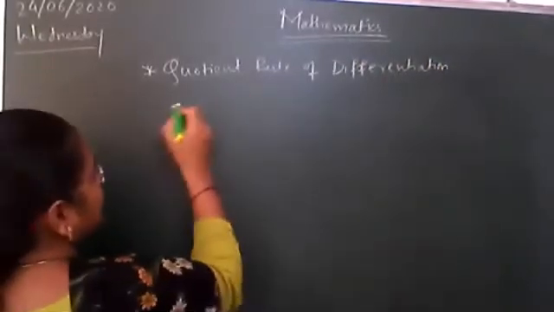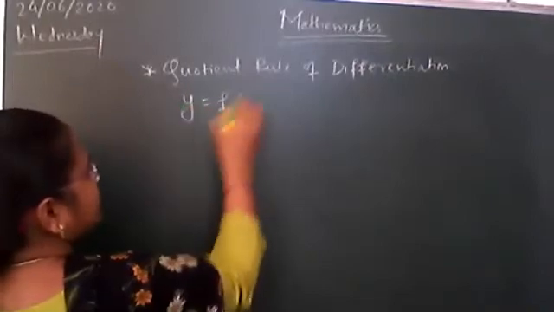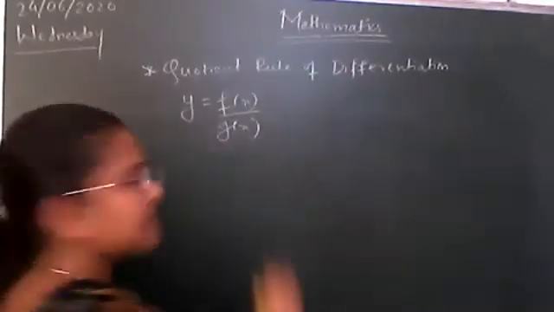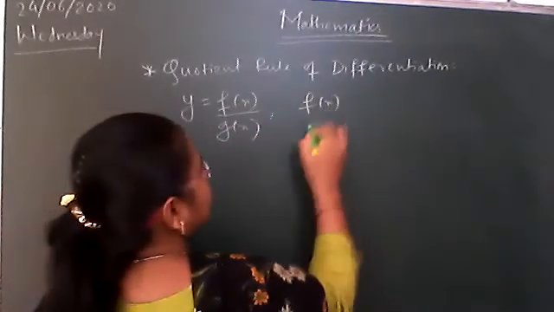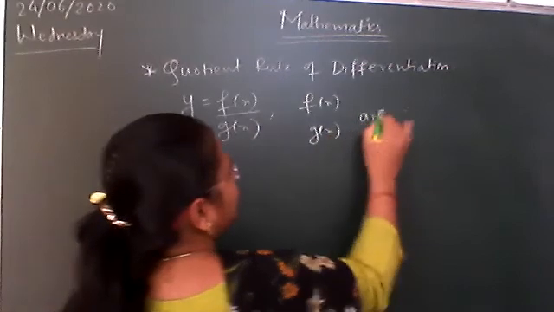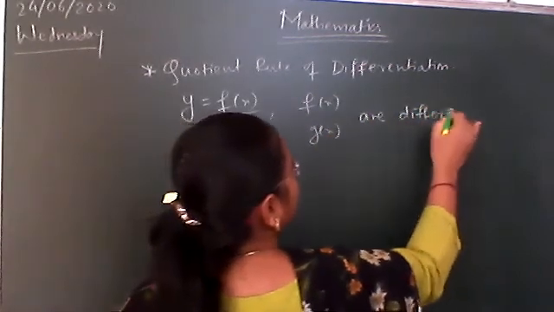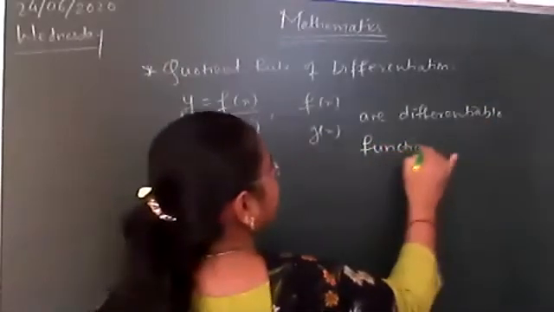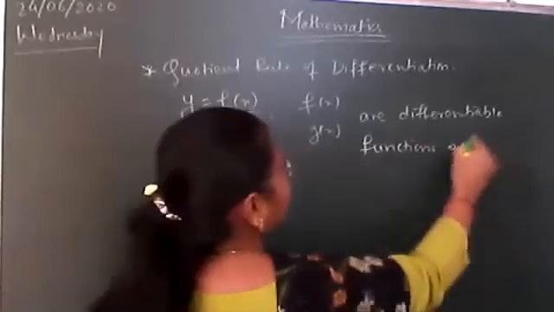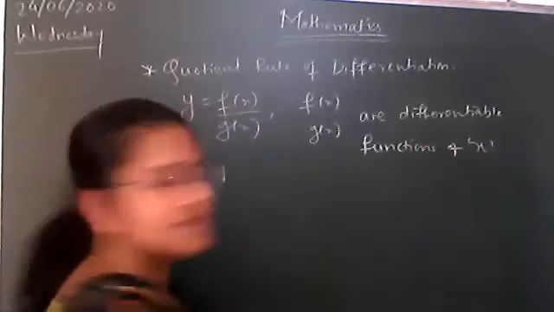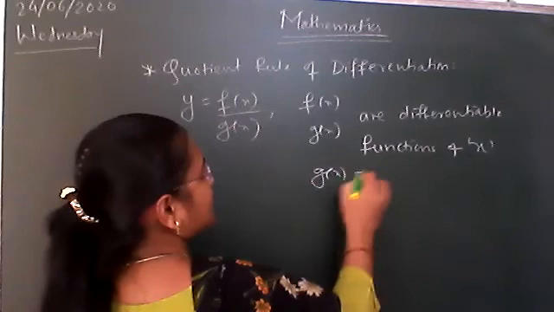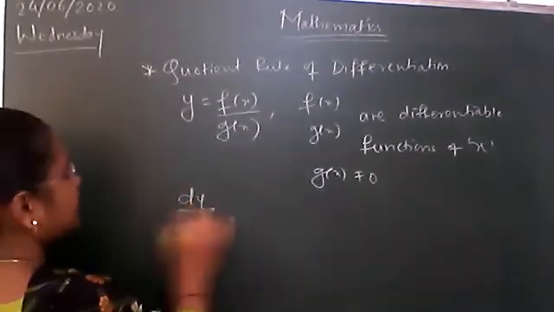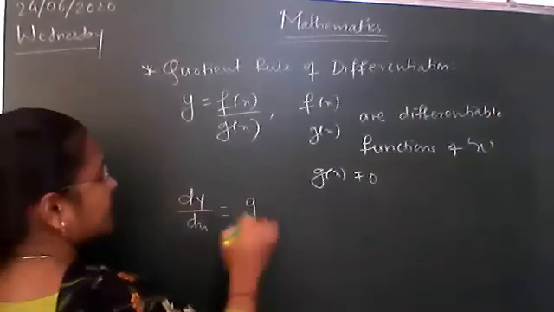If y equals f of x upon g of x, where both f of x and g of x are differentiable functions of the variable x, and g of x is not equal to 0, then what was dy by dx? dy by dx is equal to second function constant.